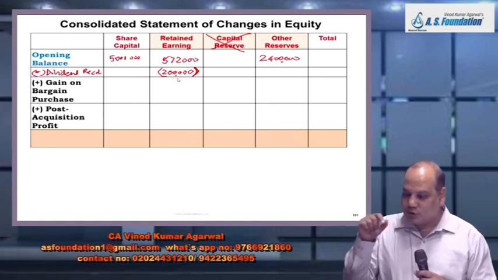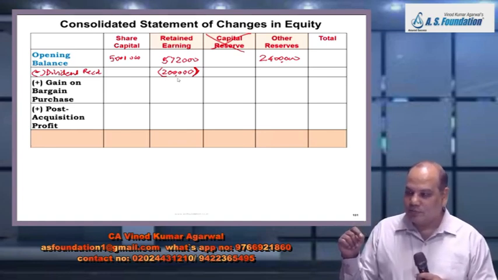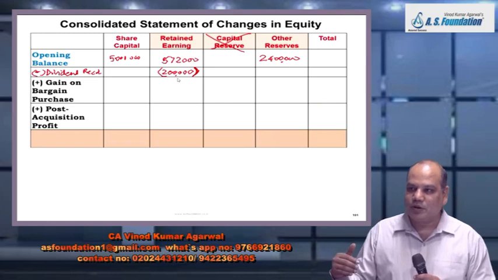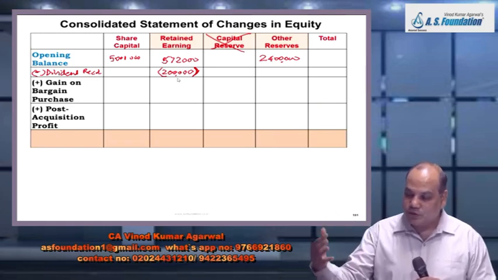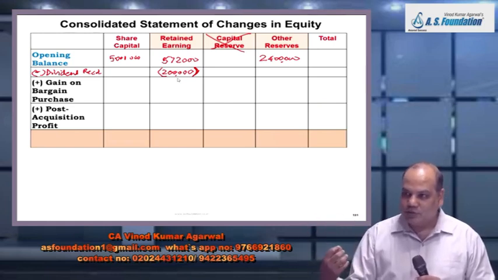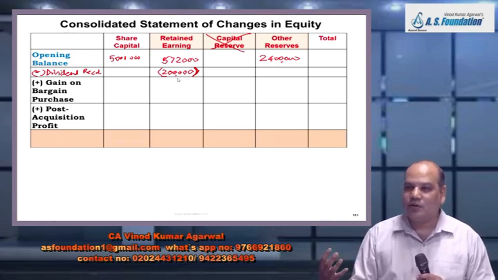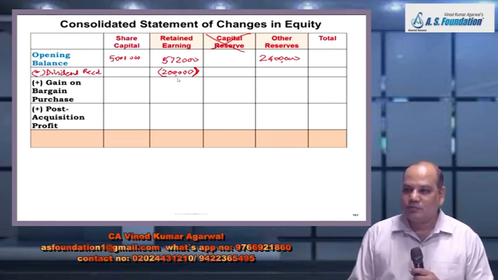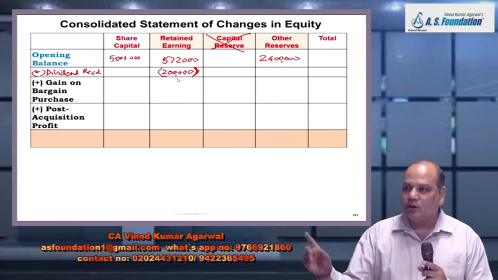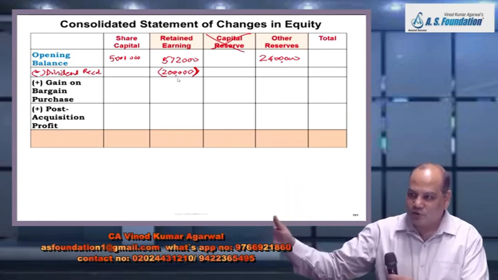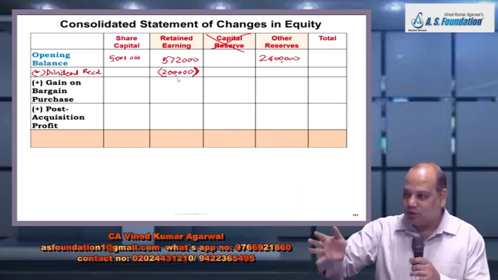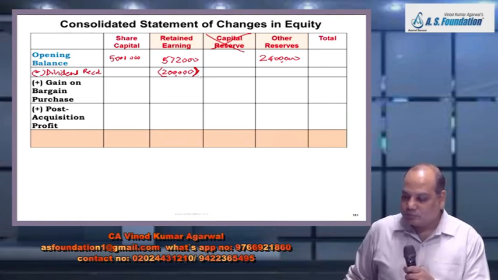Okay. So in other questions also we will follow the same technique. Dividend is paid by subsidiary. Reduce it from parent share. Reduce it from NCI share. Either you do it in the analysis of profit or you do it here.